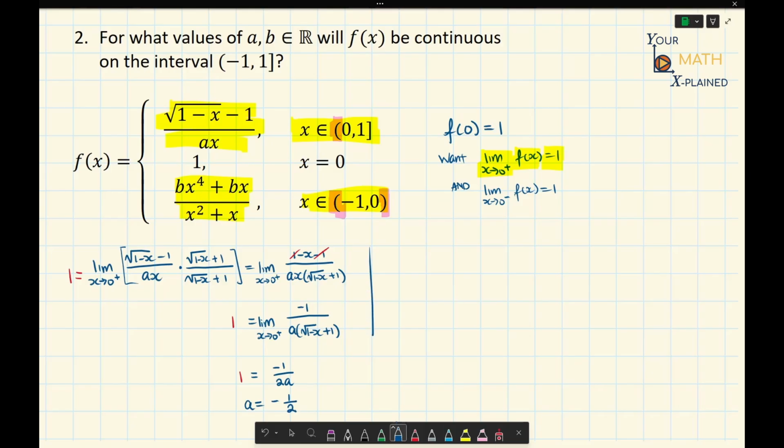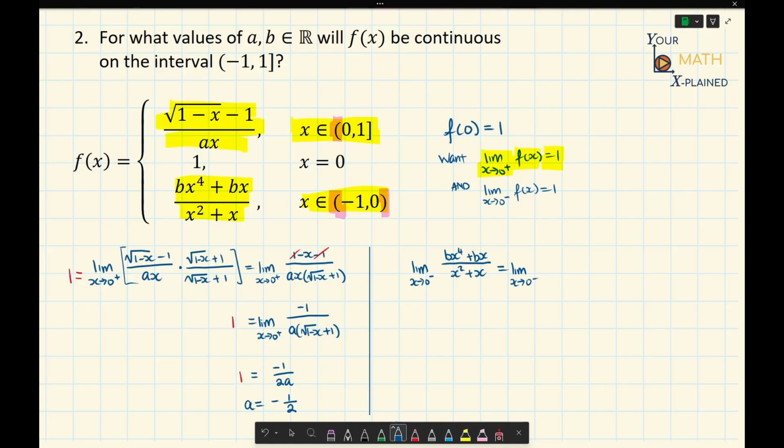Next, we're going to do the same thing, but this time we're going to do it for the left side limit. So we get the limit as x approaches 0 from the left-hand side of our function, and that is going to be (b times x to the power of 4, plus bx) over (x squared plus x). We're going to factor both our top and our bottom.